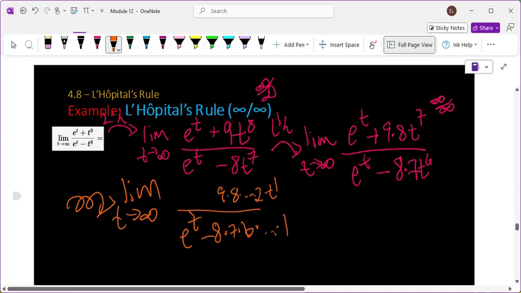And still with the e to the t plus on there. So it's still, because it's e to the t over e to the t, it's still infinity over infinity. But the derivative of the polynomial term on the bottom goes away one derivative before it does on top.